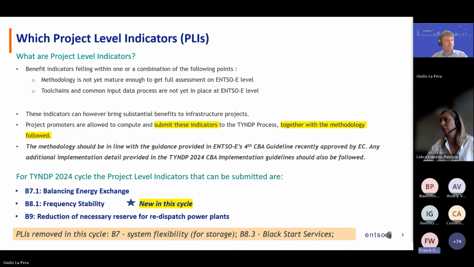But nothing new in that regard besides clarification on what are actually the PLIs to be considered, because back then we didn't have the decision yet. So this is pretty much it about the project level indicators that we are considering for this cycle, and I'll pass the floor to Julia for guiding us through the platform itself.